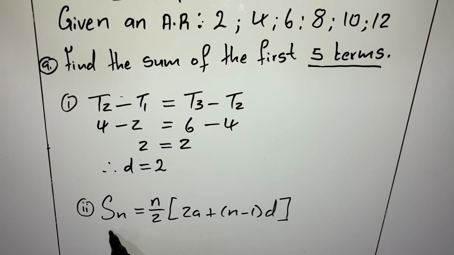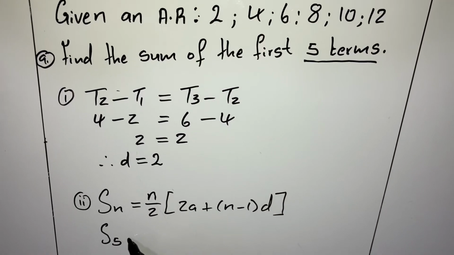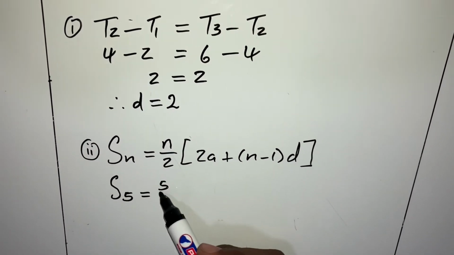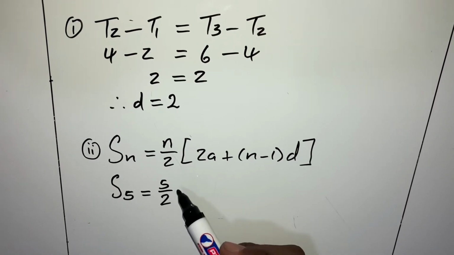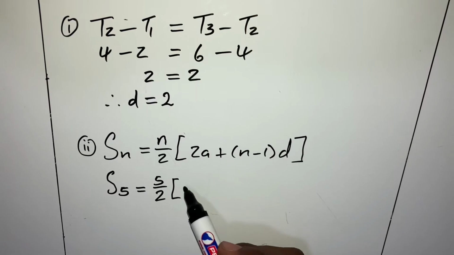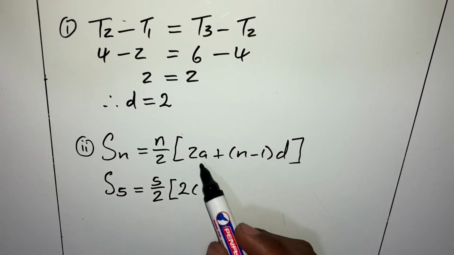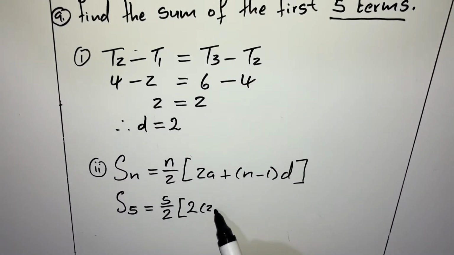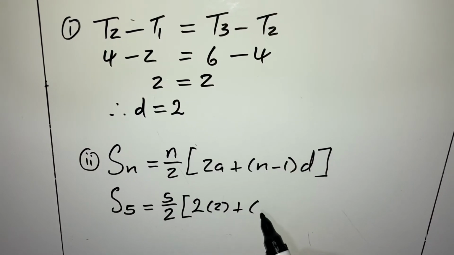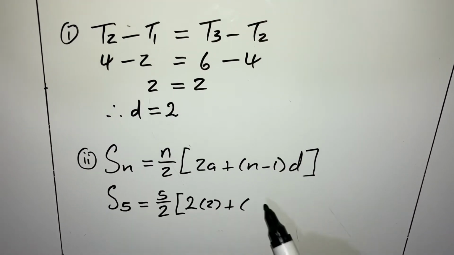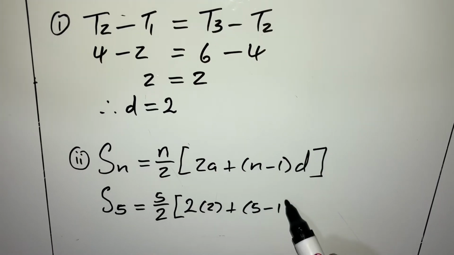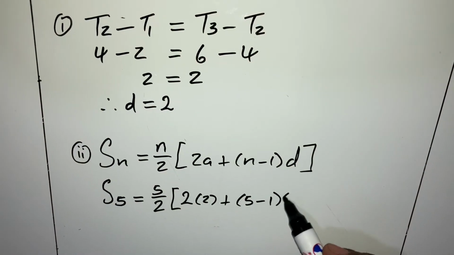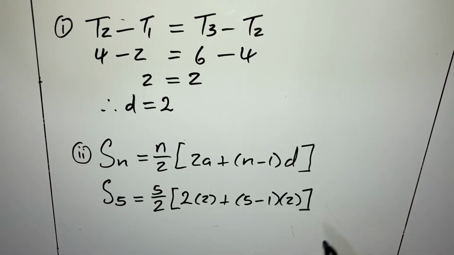So where there is n, I place the 5. This is our 5 over 2, then 2 times our a, being our first term, 2, plus our n, which is 5, minus 1, then our d, which we calculated as 2, then close the bracket.